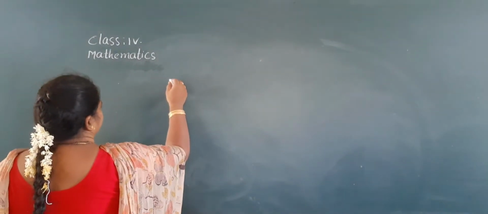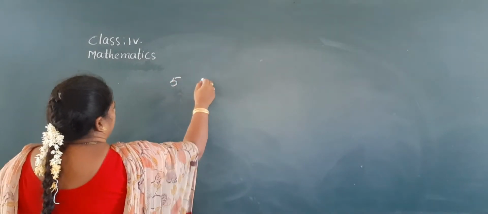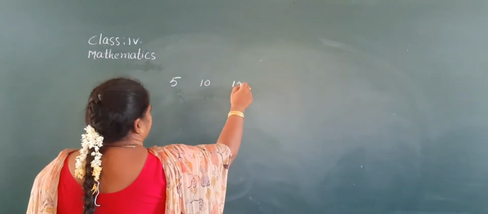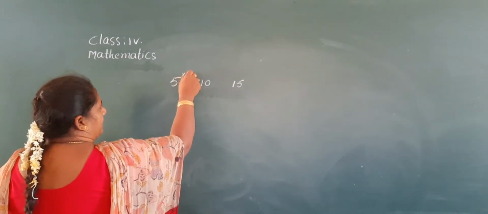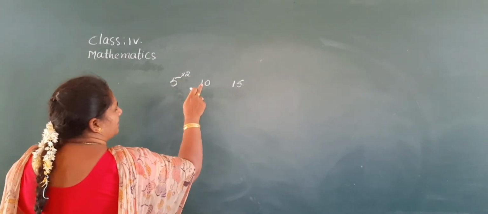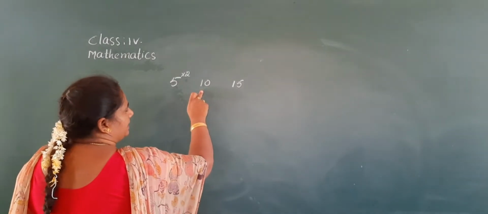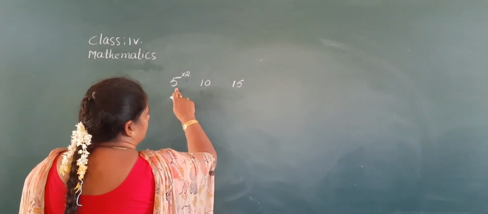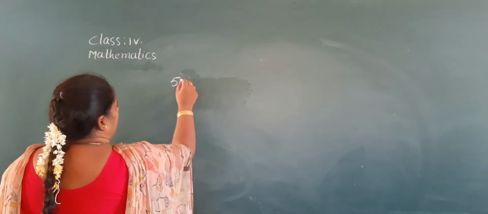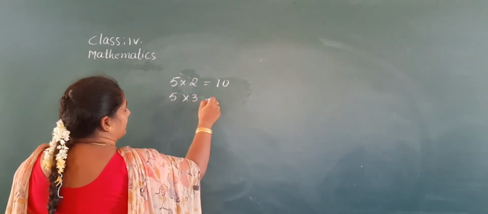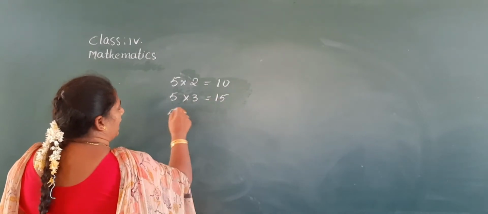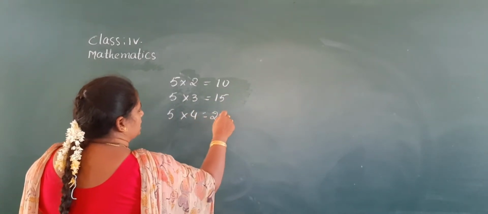See here, 5, 10, 15. If 5 is multiplied by 2, we get 10. Here the same 5: 5 into 2, 5 2s are 10. 5 into 3, 5 3s are 15. 5 into 4, 5 4s are 20.